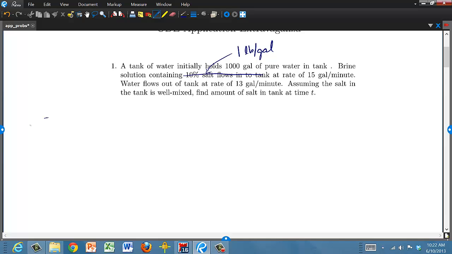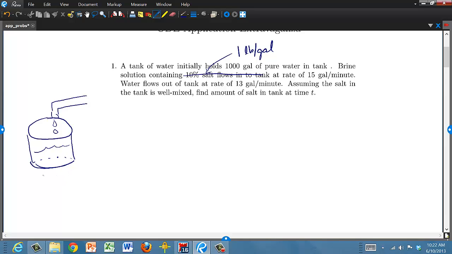So I like to draw a picture of these things. You've got a tank here. It looks like this. Somehow you've got a solution flowing into the tank. Looks like that. So there's some water in here.